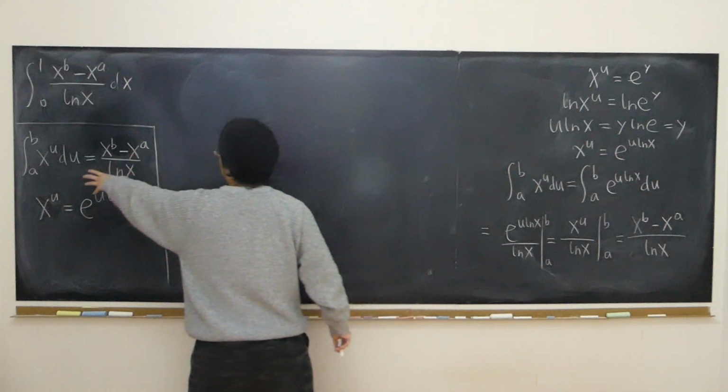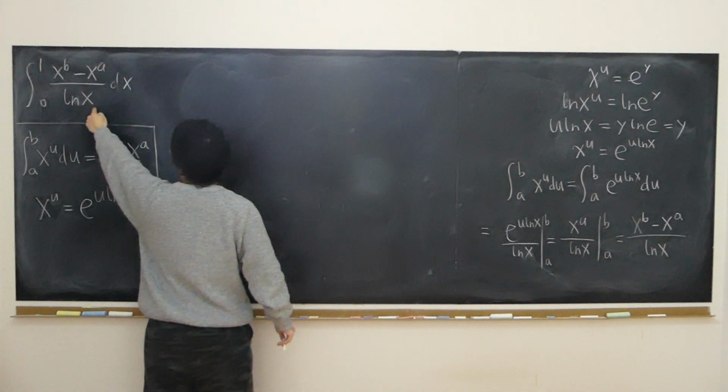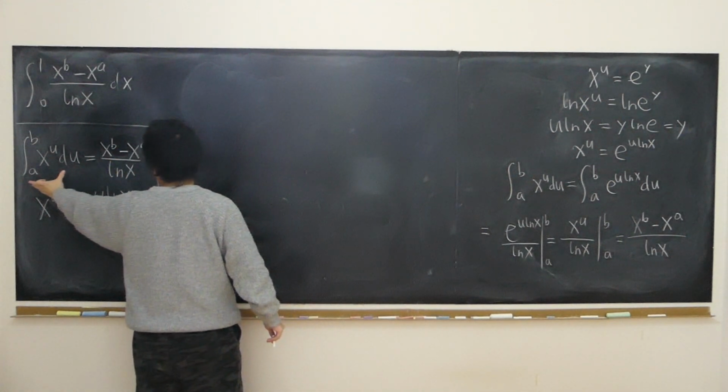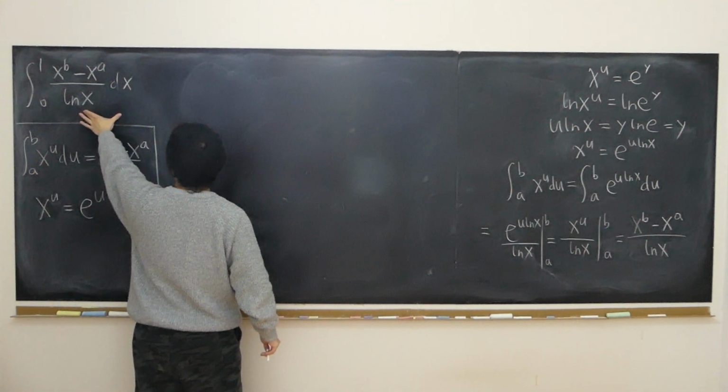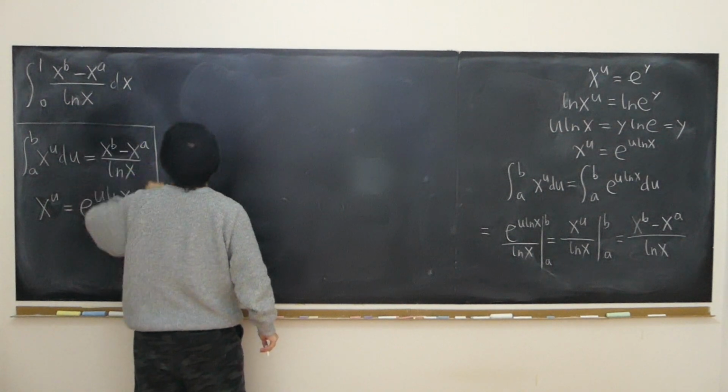Now we can see that the integrand can be written as a definite integral as well. So now we kind of have a definite integral inside of a definite integral.